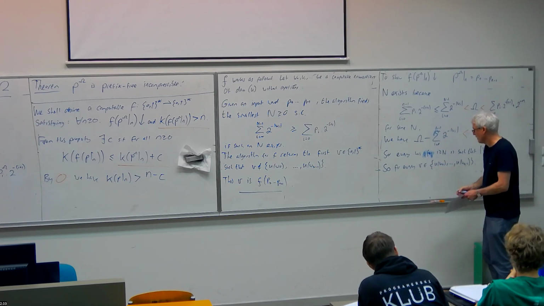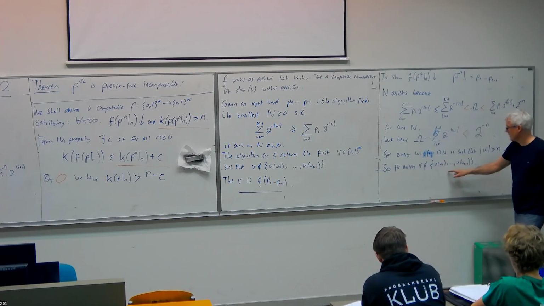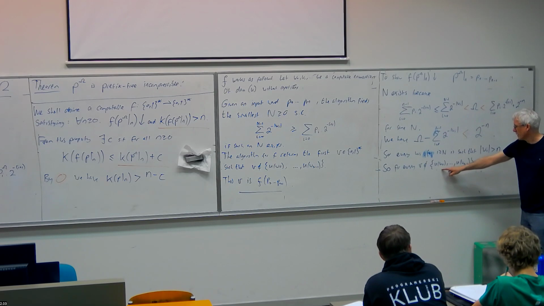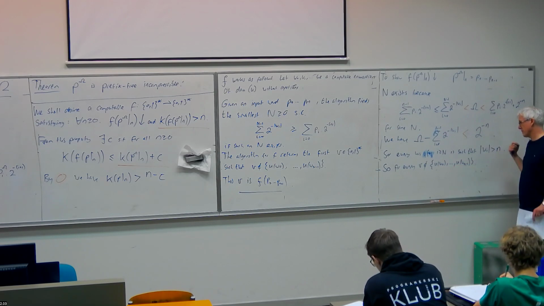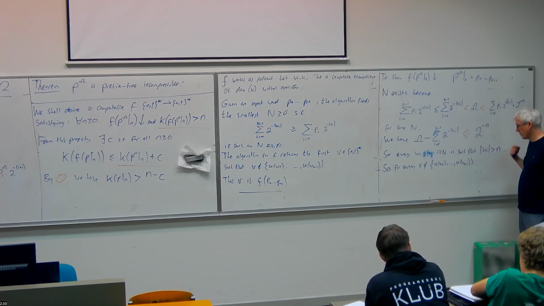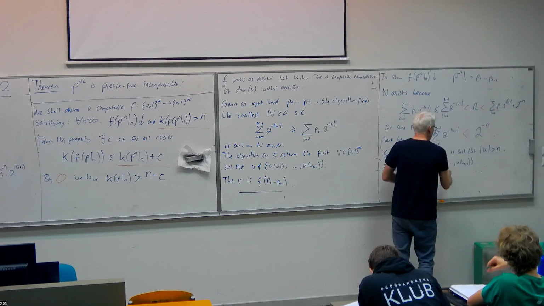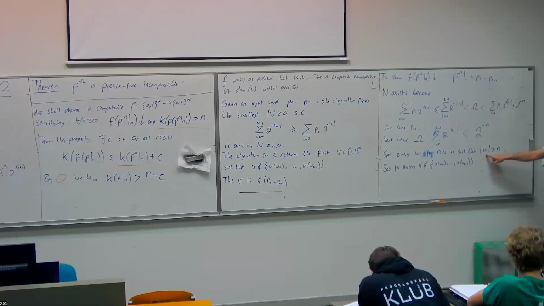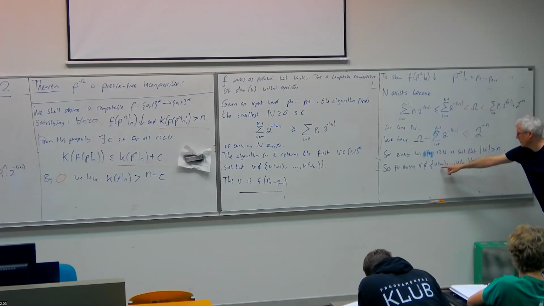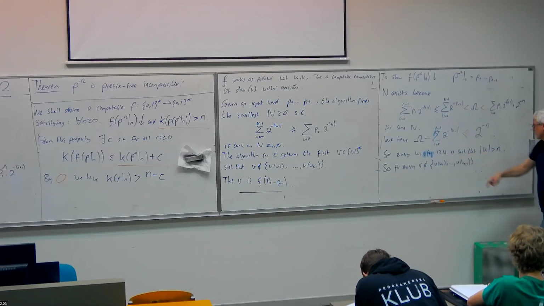Sorry, this is for every v not in this set. Then the smallest w in the domain of the universal function such that v is u of w is obviously some wi that's outside these, and therefore the index is greater than n, and therefore the length of it is greater than n.